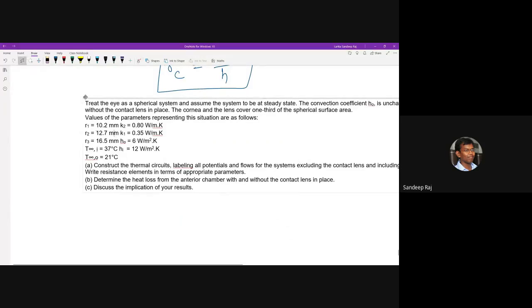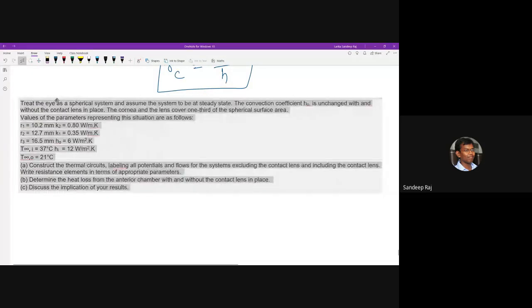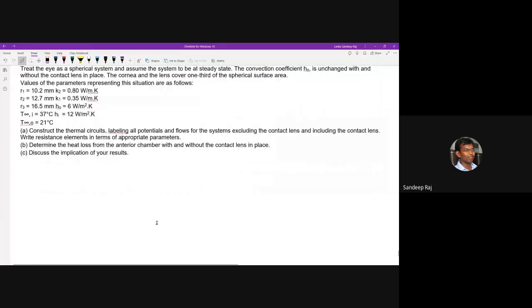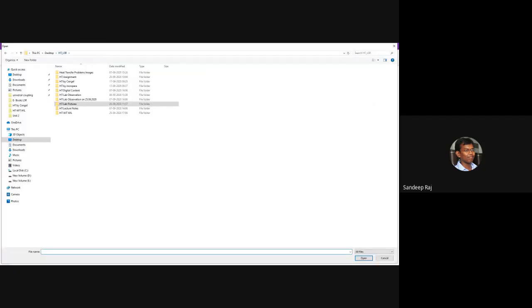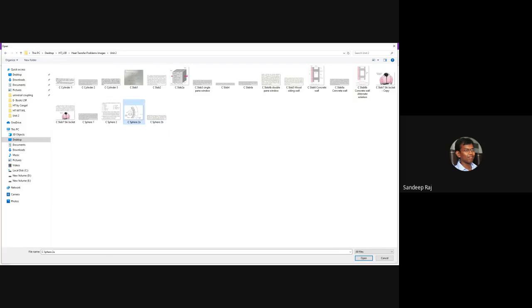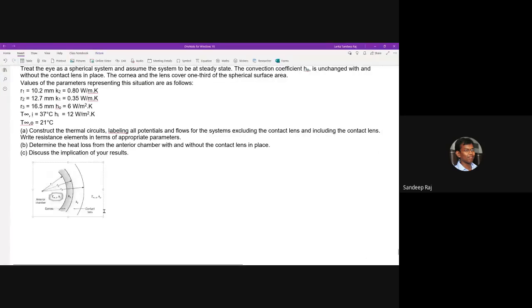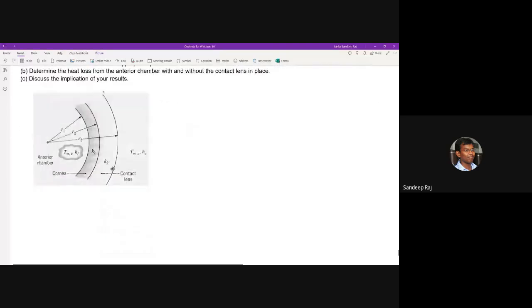This is a question here, and for this question there is a diagram also. Let me take the picture also. See, this is the eye here.